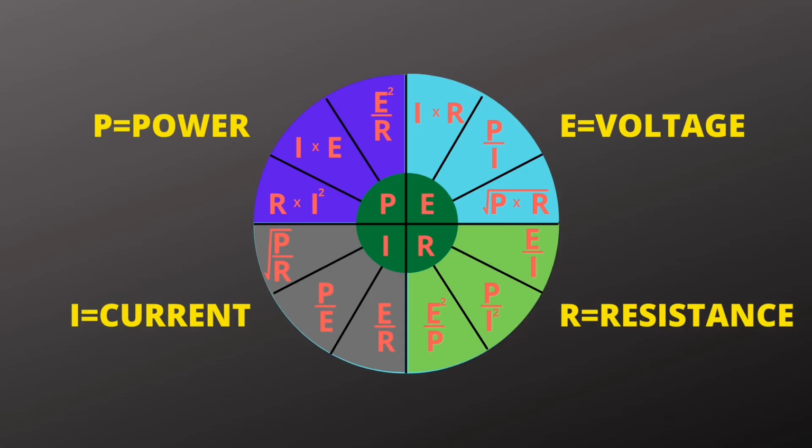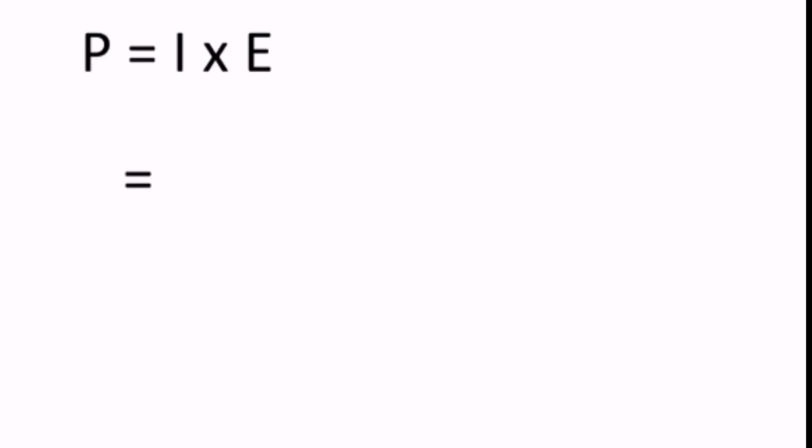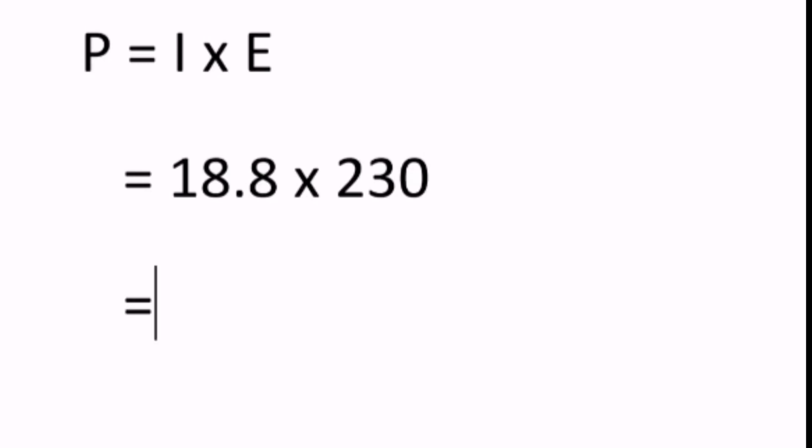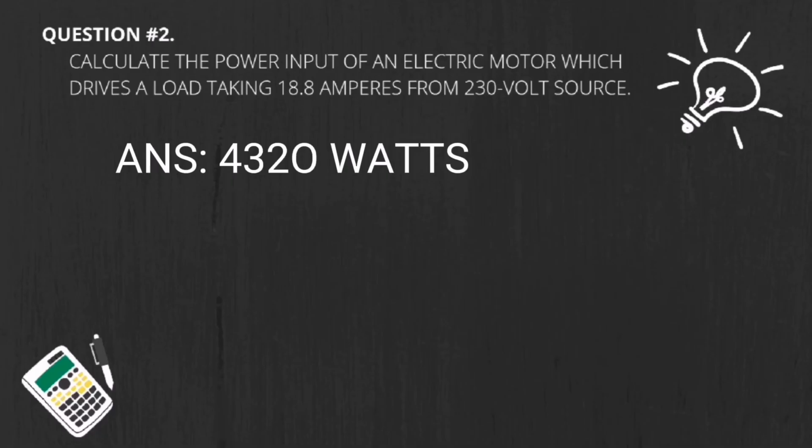We will use the formula wheel, then we will have the formula I times E, which contains the two given. Guys, to solve the problem, just substitute I times E, which is 18.8 times 230. So the answer, guys, is 4320 watts.